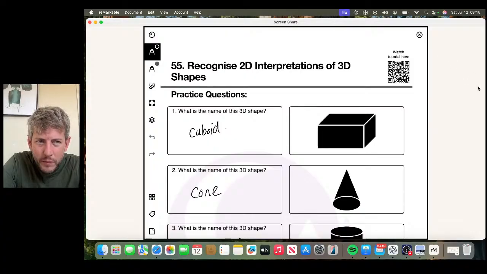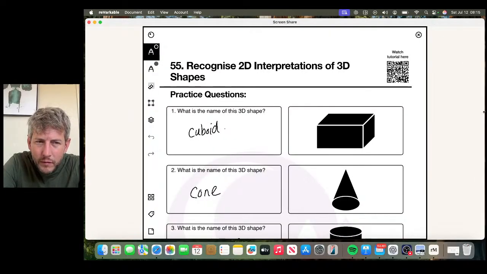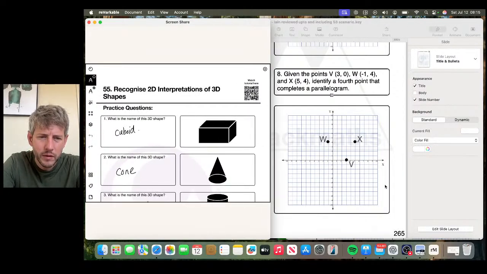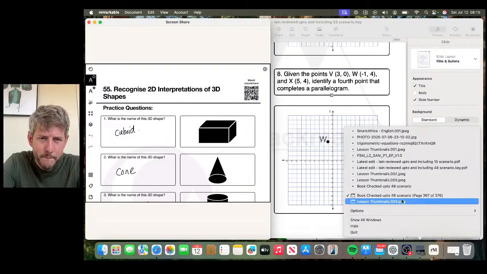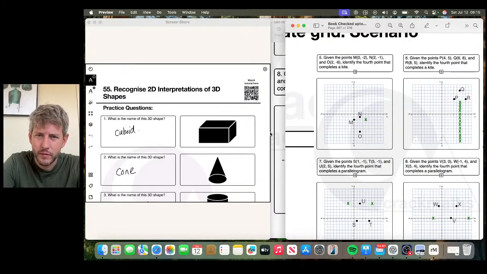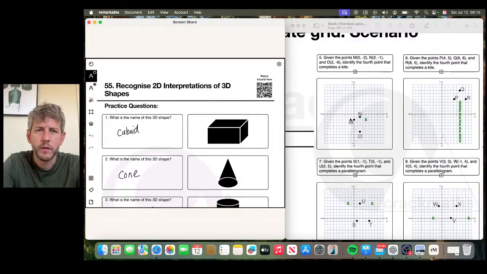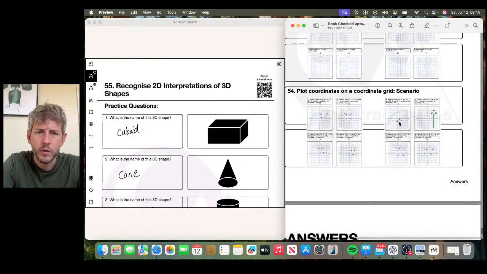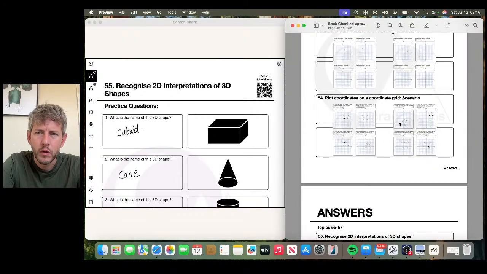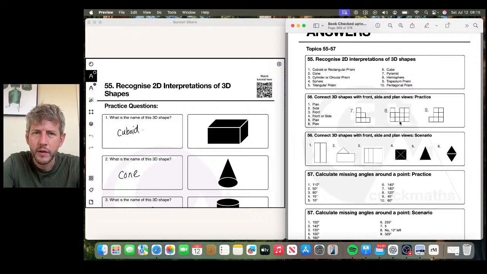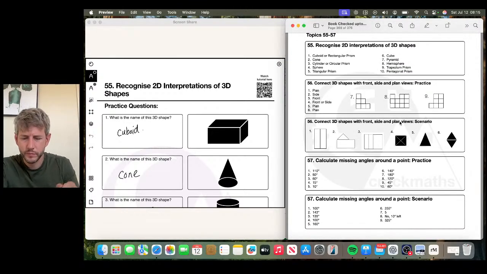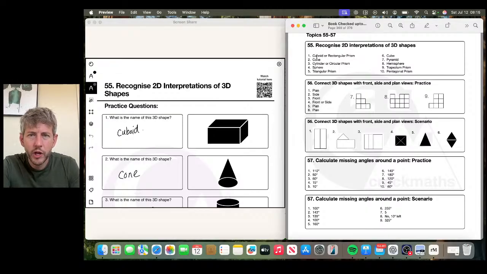Okay, at 55, here we go. Cuboid or rectangular prism.